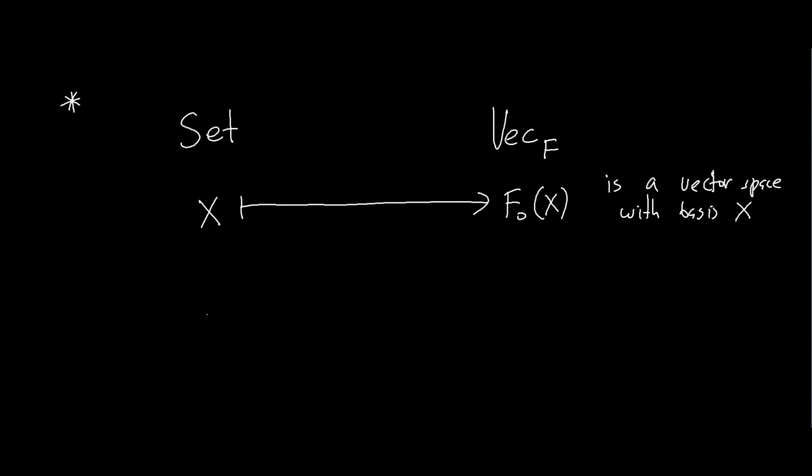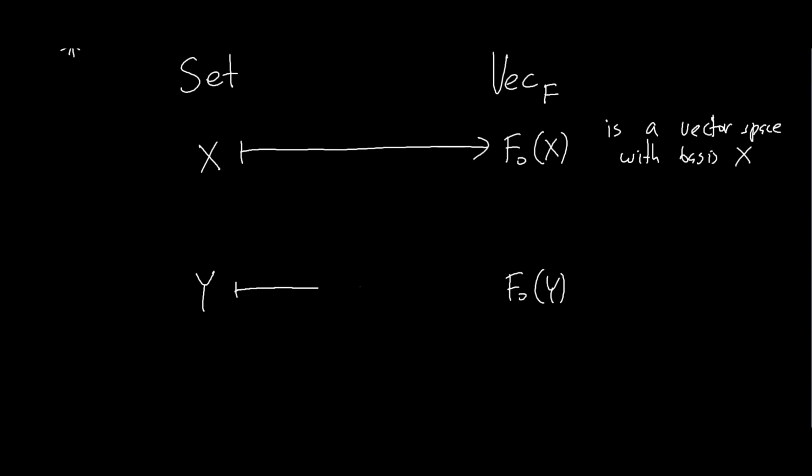Okay, now let's see what we can do with morphisms. So this will be our F0 map. So if I now have another set and I've defined another vector space with basis Y, what would I do with a function? A function from X to Y is a morphism in the category of sets.